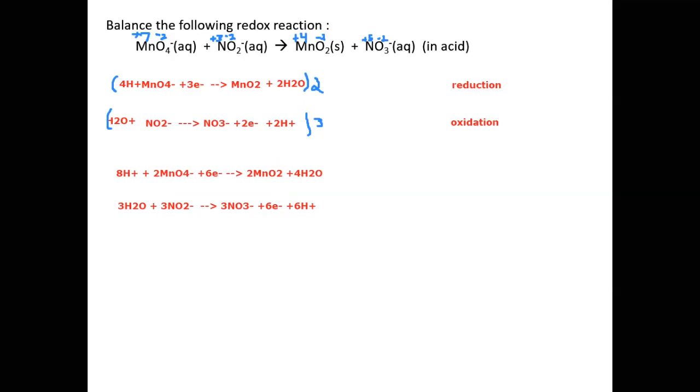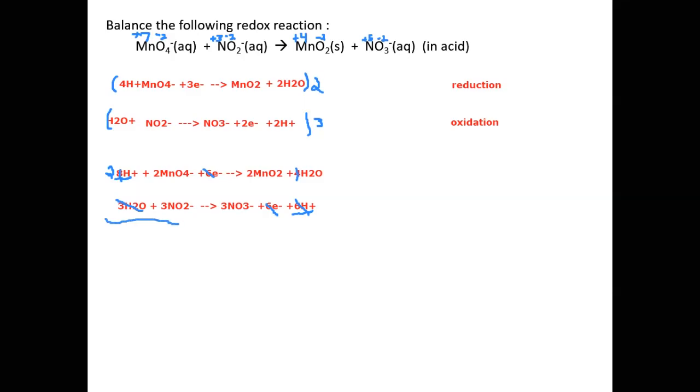And we're going to cross out what's the same on both sides. So here you see we have 8H+ and 6H+. Well, the 6 can cancel out, and the 8 is reduced to 2. We have 6 electrons on the reactant side, 6 electrons on the product side. They cancel out. 3 water molecules on the reactant side, 4 on the product side, so we have 1 left.